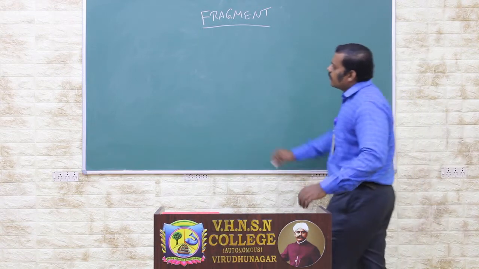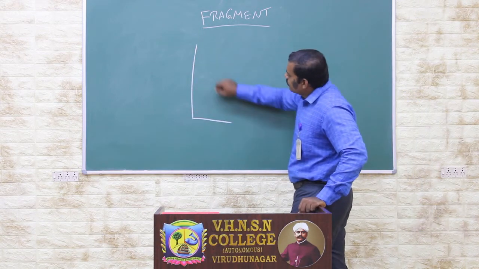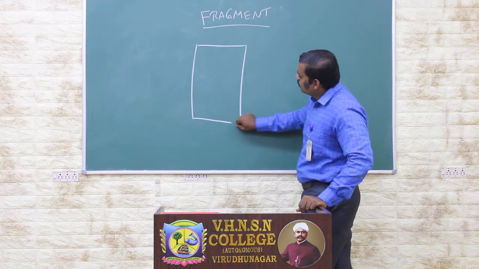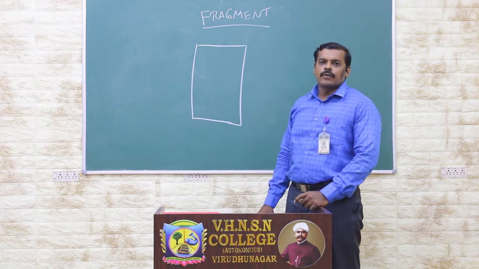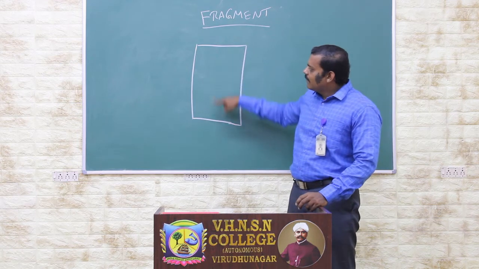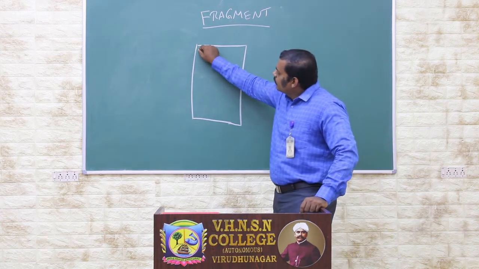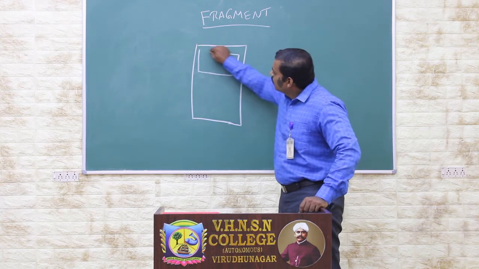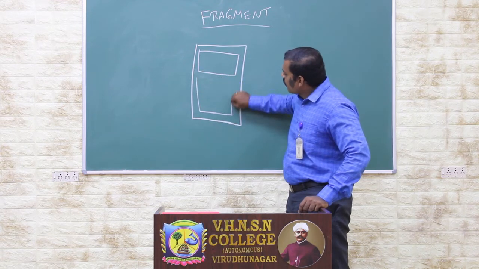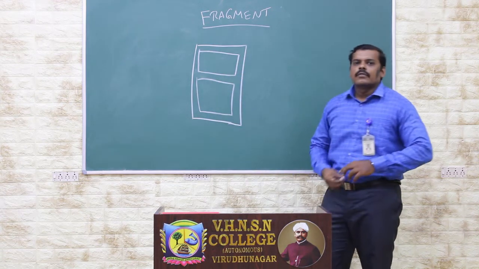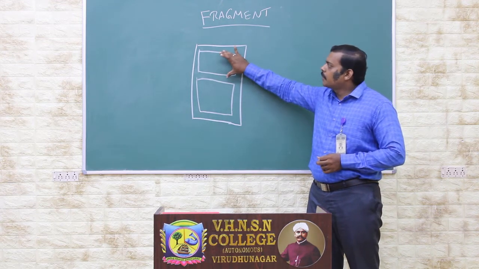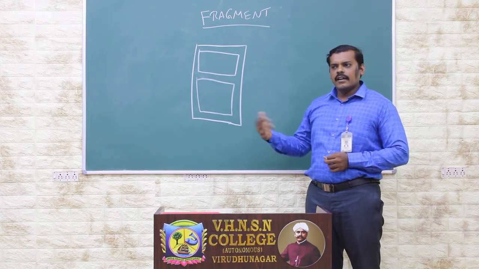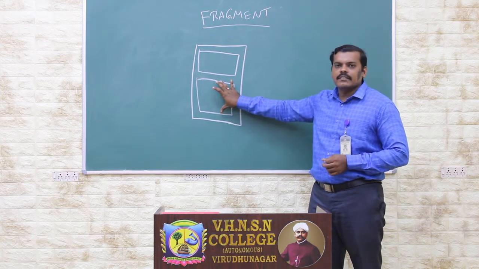So here we have an activity. We know that a fragment is a small piece of code. So we may divide this activity into two blocks. Here we can display one fragment in the upper part of this activity and another fragment in the lower part of this activity.